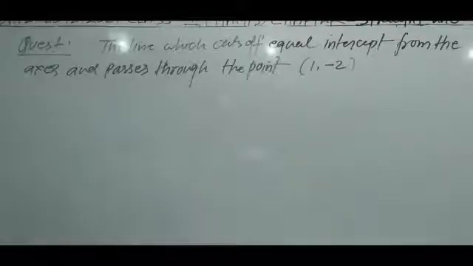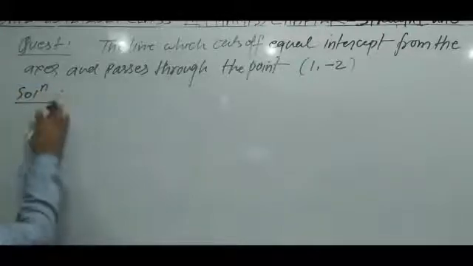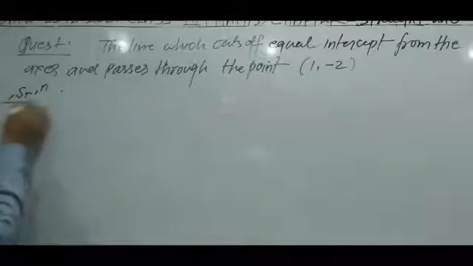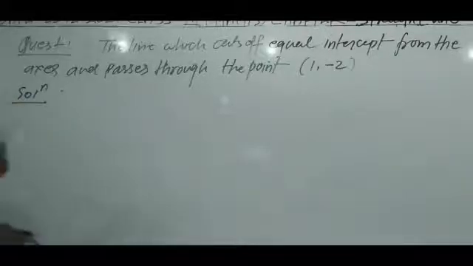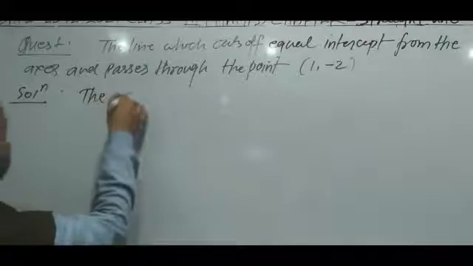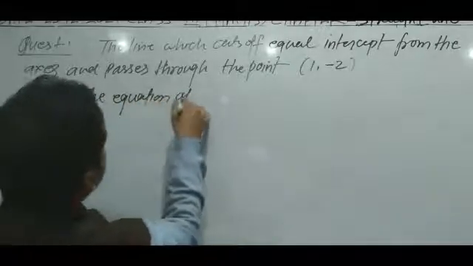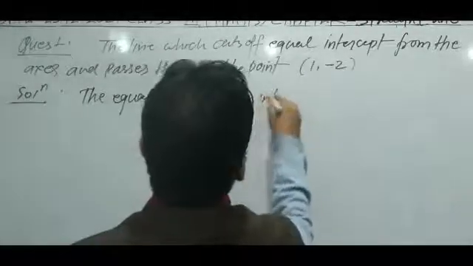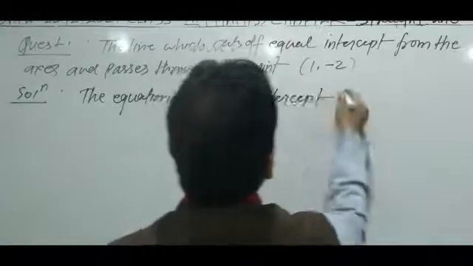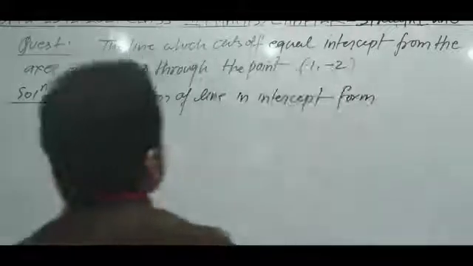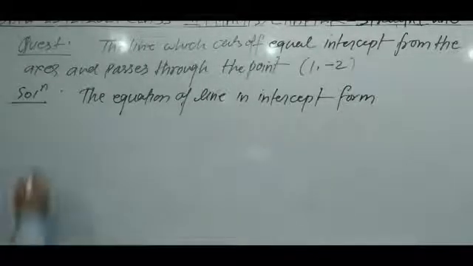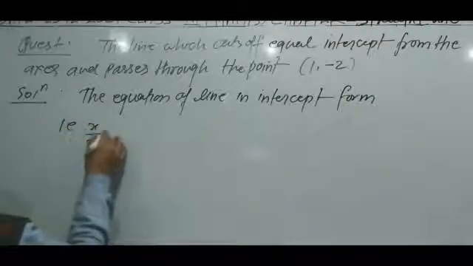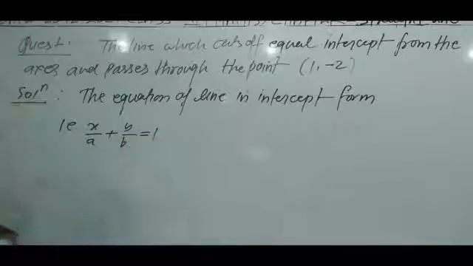Now see, the solution. The equation of the line in intercept form is x by a plus y by b is equal to 1.